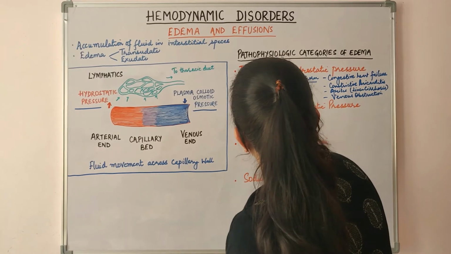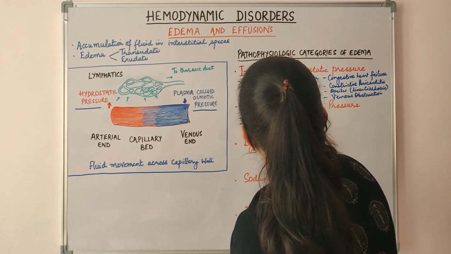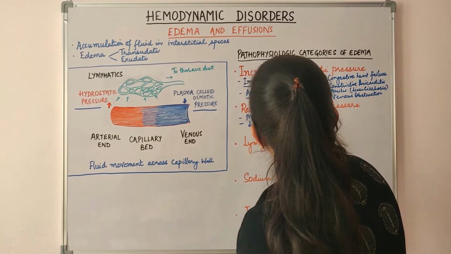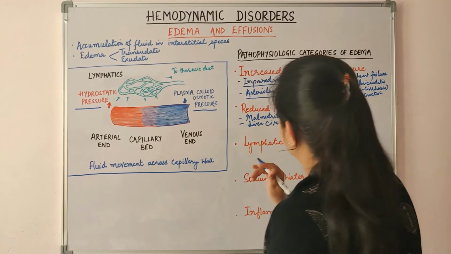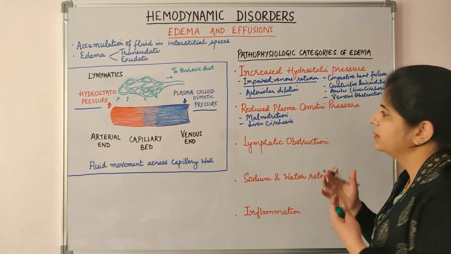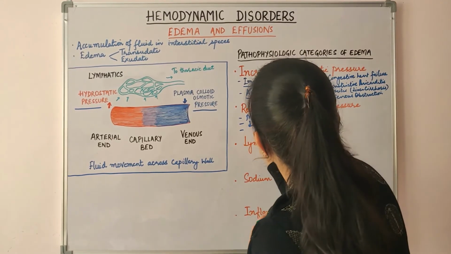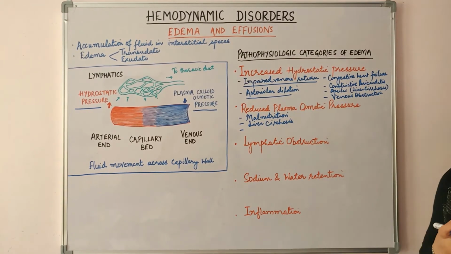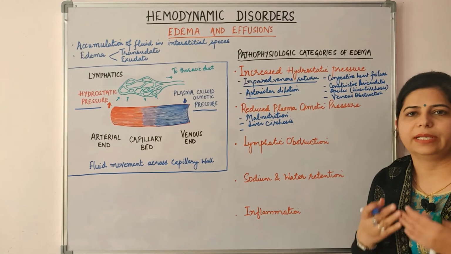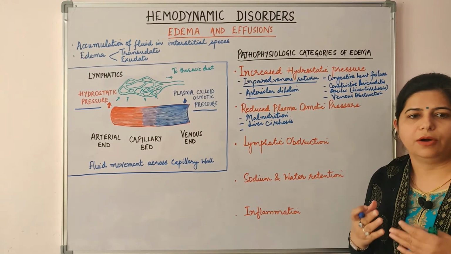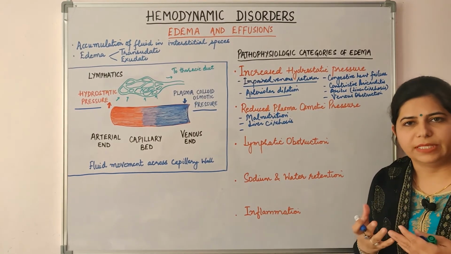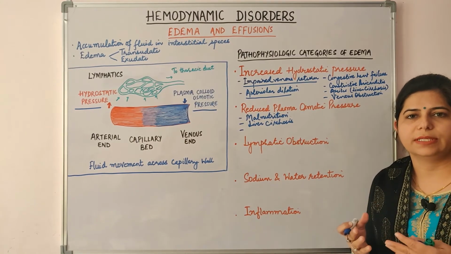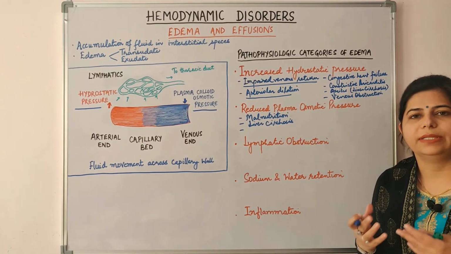Second is liver cirrhosis. So in these conditions there will be decreased synthesis of albumin, and albumin can be lost by two ways, by gastroenteropathy or by glomerulopathy, where it is lost in the urine, for example in nephrotic syndrome.